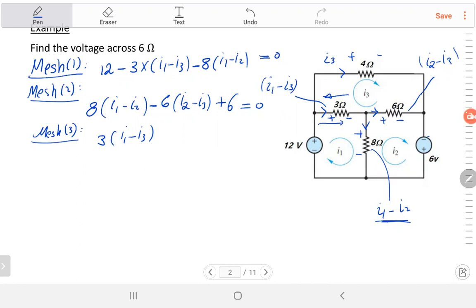I found the positive is connected to the positive, so minus the voltage across 4 ohm, which is equal to 4 times the current. The current is equal to I3. I continue. I find connected to the negative, the first one I face here has negative polarity, so plus 6 ohm times the current in 6 ohm, which is I2 minus I3, equals 0. Now we have the 3 equations and the 3 unknowns.